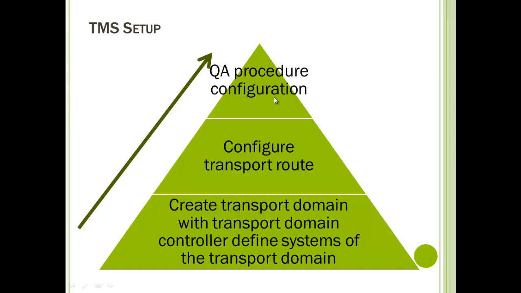This is an optional configuration. Here we will configure the QA procedure to define who is responsible for approving and accepting the changes, and to approve the changes to the productive system.